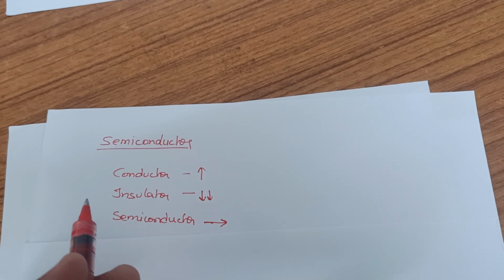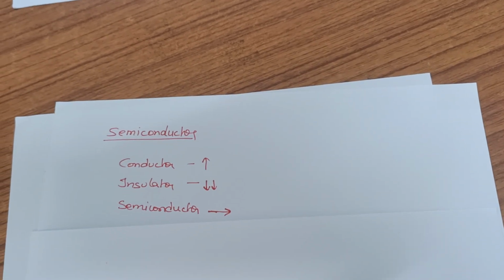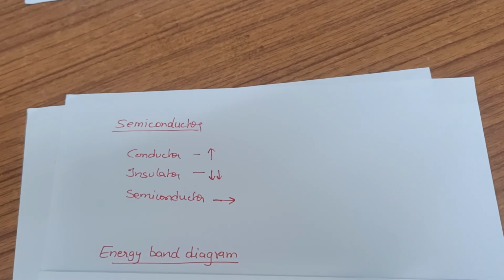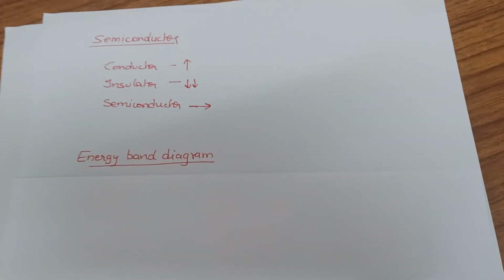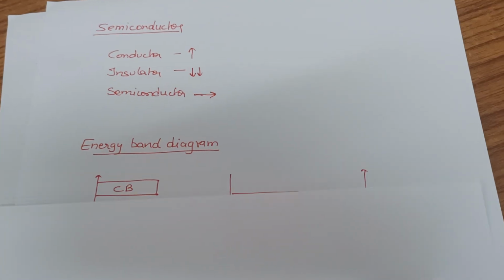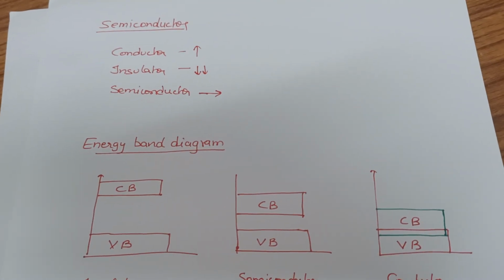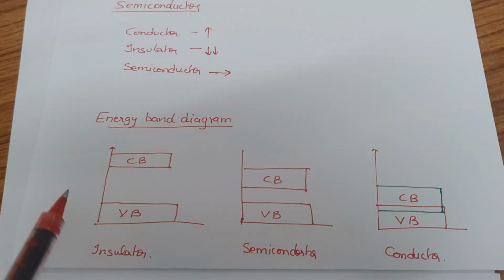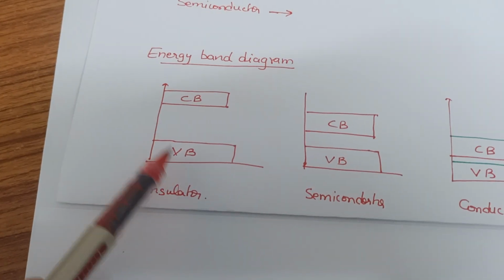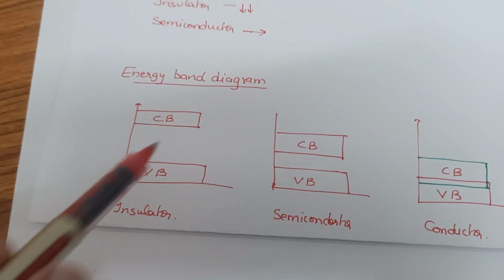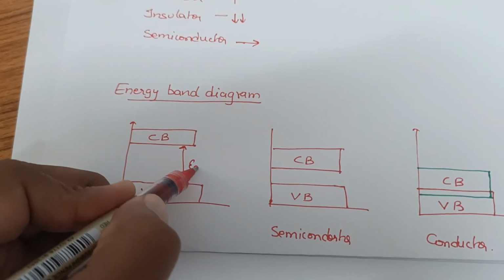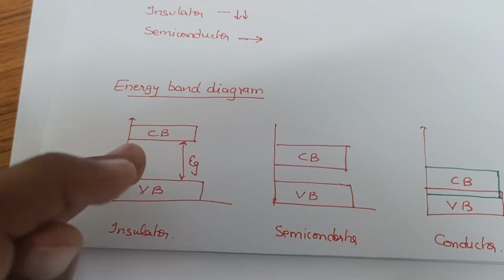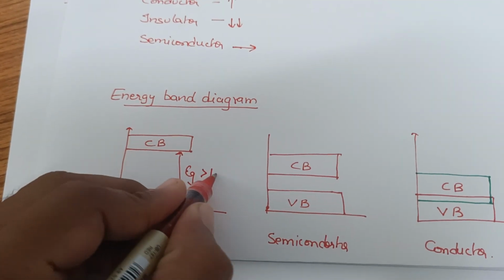Now let's discuss the energy band diagram. When we discuss the energy band diagram, we will understand why the conductivity lies between these. We can see that in insulators, the energy gap between the valence band and the conduction band is too large. Eg is called the energy gap. It is too far, more than 1 eV.